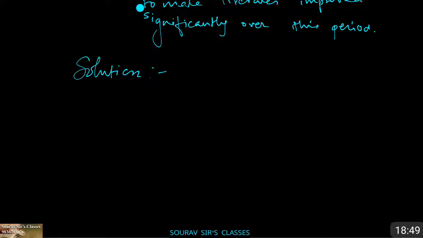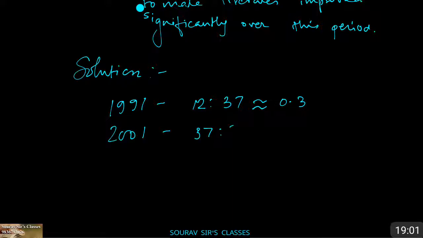Now the ratio of female literates to male literates in 1991 is 12:37, that is approximately equal to 0.3, and in the year 2001 it is 37:37, which is equal to 1. Thus we can see that the ratio has improved over the period. So option D can be inferred from the above information.